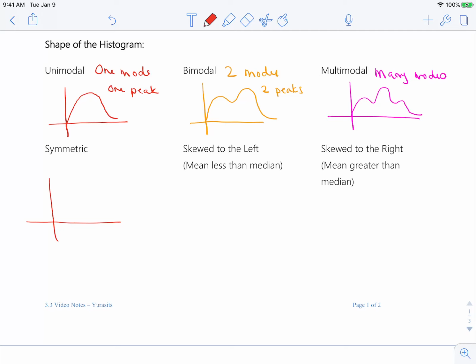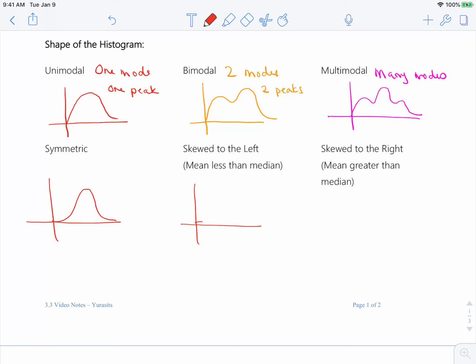It could have two modes, but symmetric just means you have this peak and the tails on the end are even, okay? Where skewed to the left, this one means you have a tail on the left side. So it looks like this.